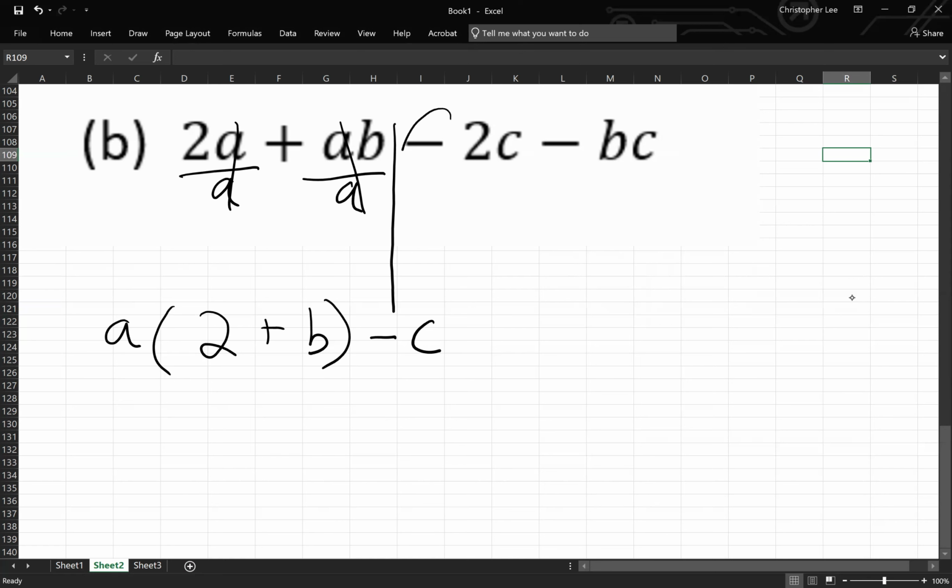My leading term here is negative, therefore my factor will be negative, right? So whenever you factor out a negative c, it's like you're dividing by negative c. What's left over? A negative divided by negative is positive, and the c's cancel out. So what's left over? 2 plus b. Very good.